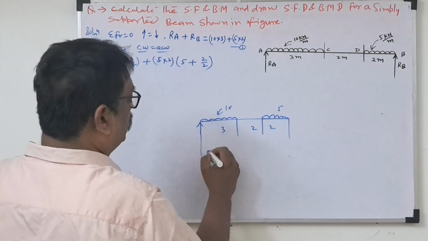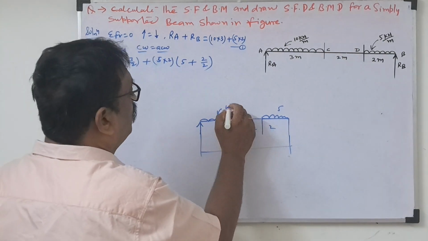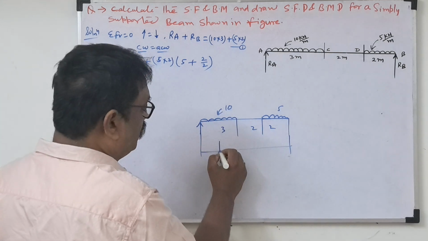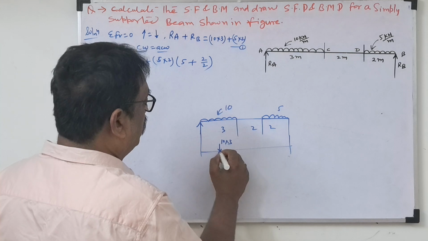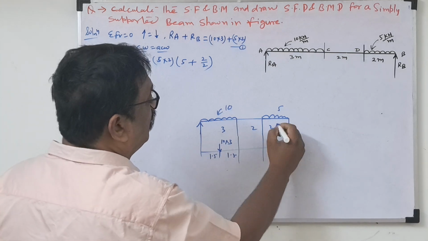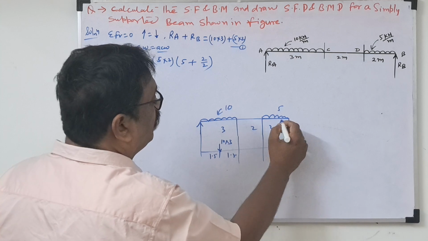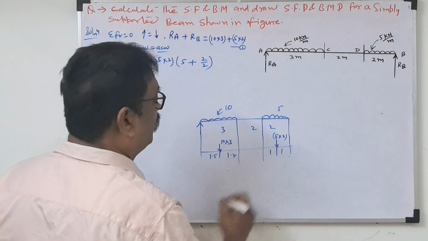How will we draw the load diagram? Maximum deflection will be in the middle, so the load acts in the middle. 10 into 3 load, and this distance is 1.5, this distance is 1.5. Here the load will be in the middle, so the load will be 5 into 2, and the distance will be 1, 1.